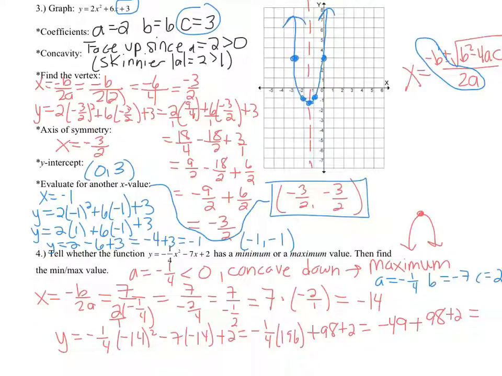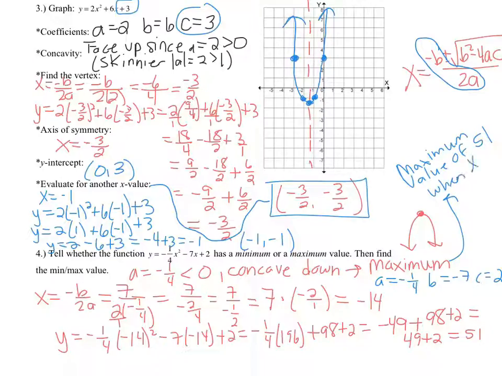Well, negative 49 plus 98 is 49. Plus 2 gives us 51. So, as our conclusion to this problem, we can say maximum value of 51 when x equals negative 14.